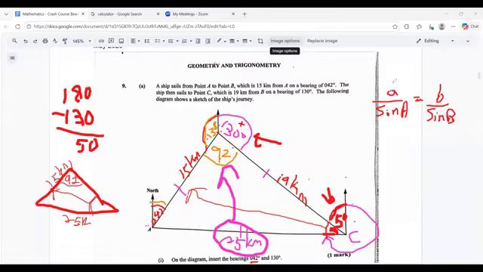The full pair, I normally like to put as the first one. Always remember, common letters is a side, capital letter is an angle. So for the full pair, the side 25 kilometers is common a.